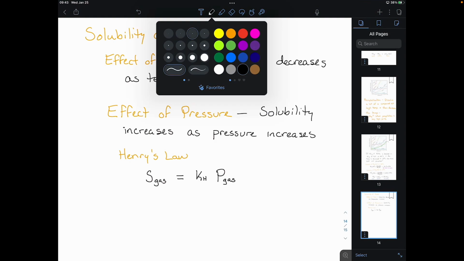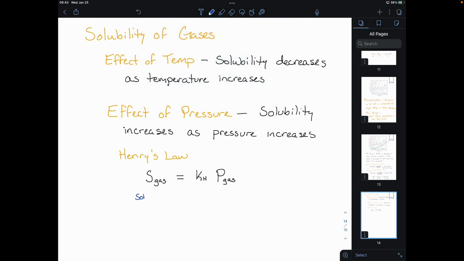If we're just going to label these terms, this is the solubility, that same term we've been talking about. This is the pressure of the gas. And Kh is just what's called Henry's constant, something that's unique for each gas.